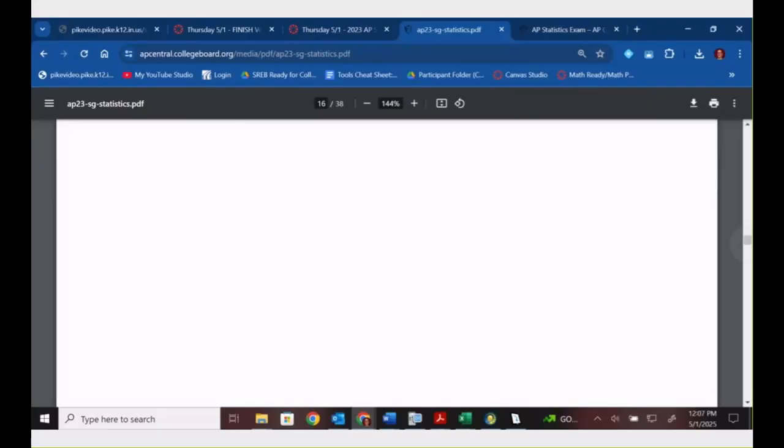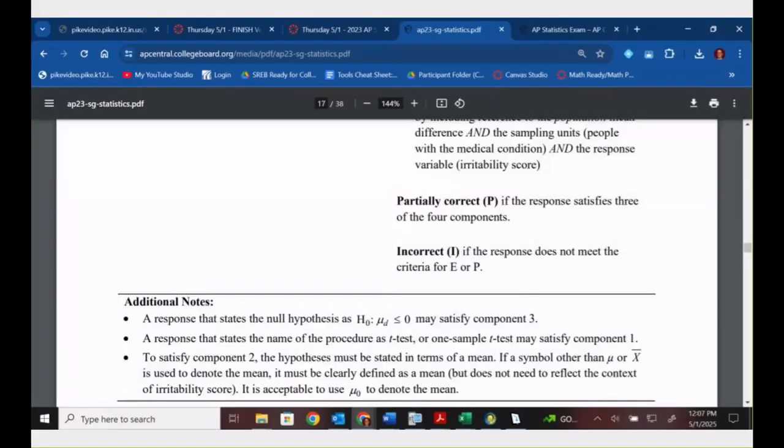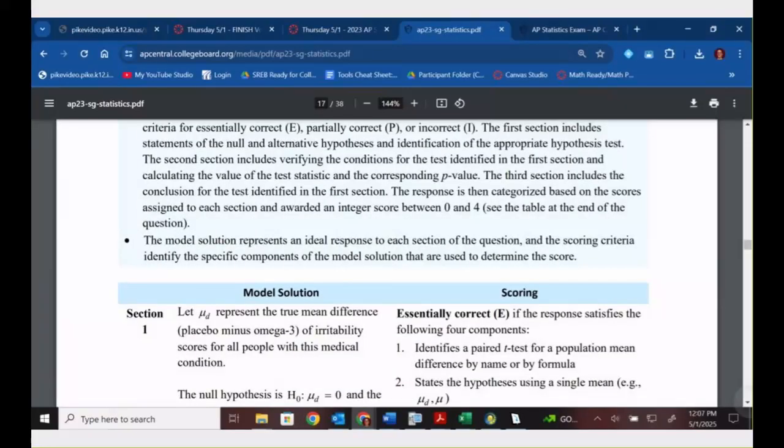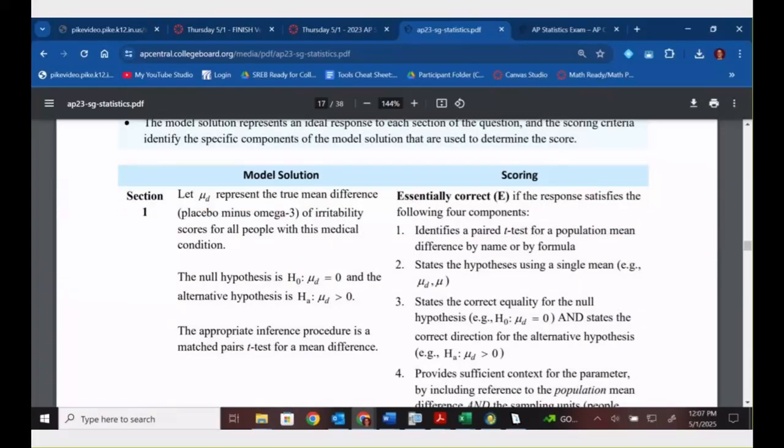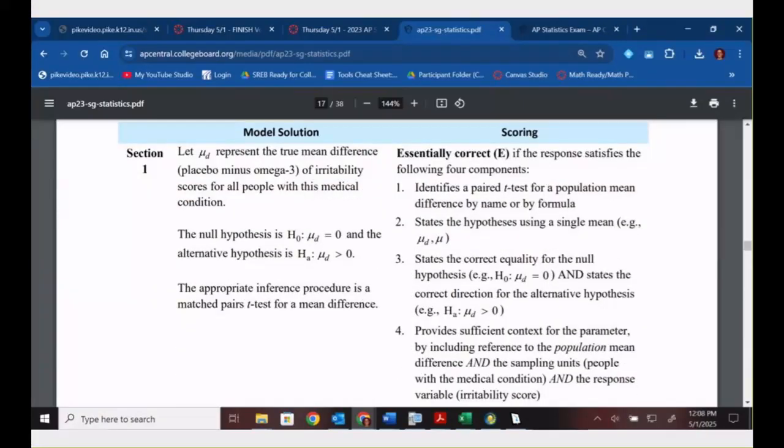Okay, so grading question number 4. Part A, sorry, not Part A, but Section 1. Section 1 had 4 components.